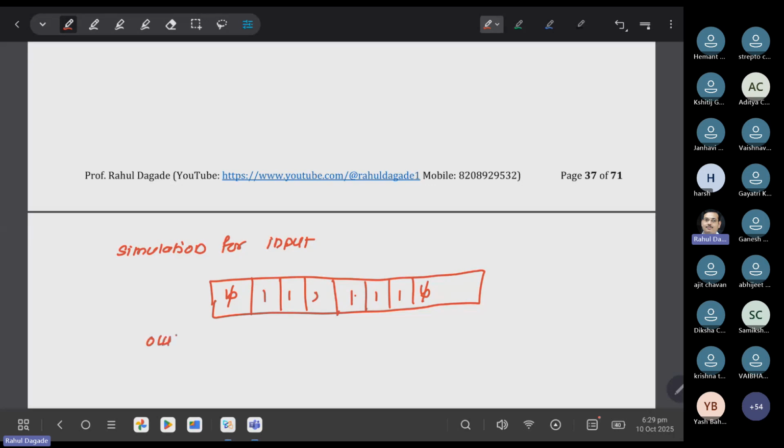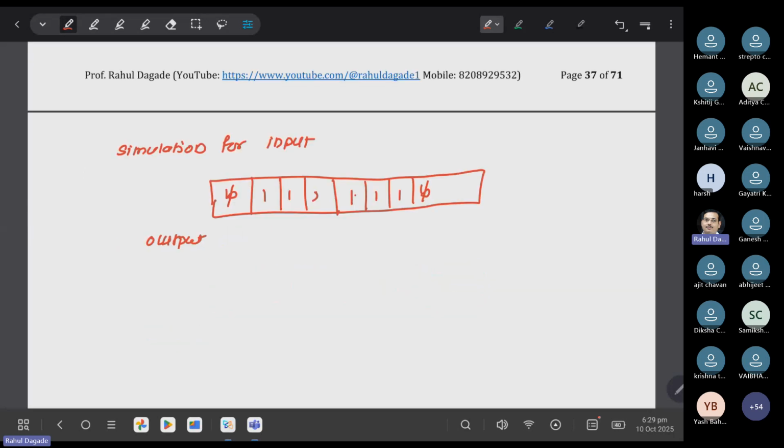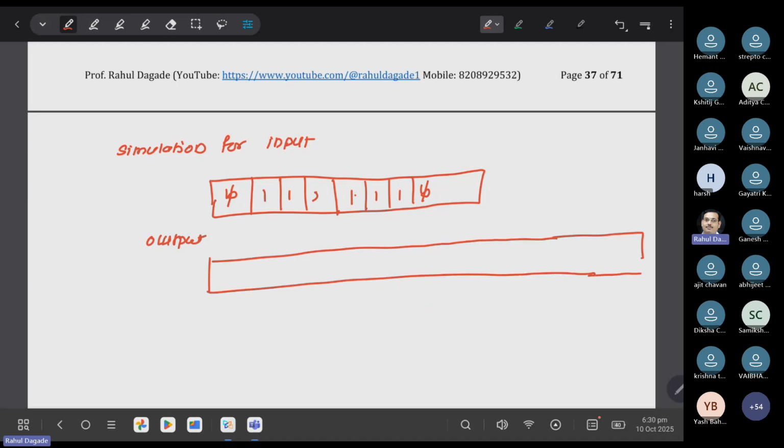All these ones will be converted into star. This one will be converted into star, this one will be converted into star, comma will be as it is, this one will be converted into star. This is star, this is star, and blank. And our addition will be 1 1 1 1 1 and this blank. So this is the output.